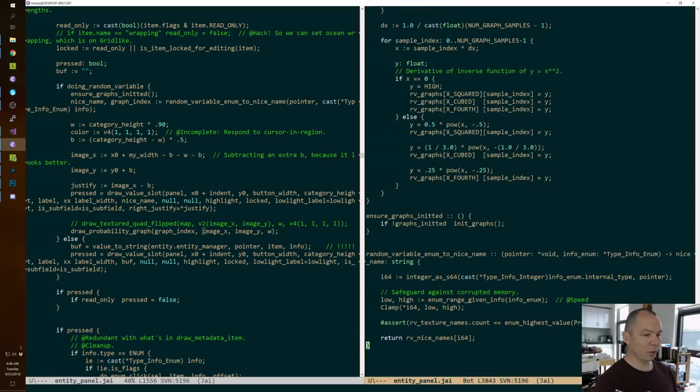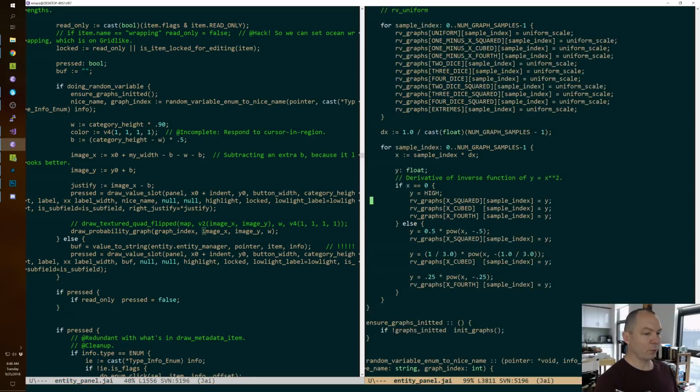Which means we need to go back down to this thing and return graph index, which is an int, and comma I64. All right. So draw a probability graph.